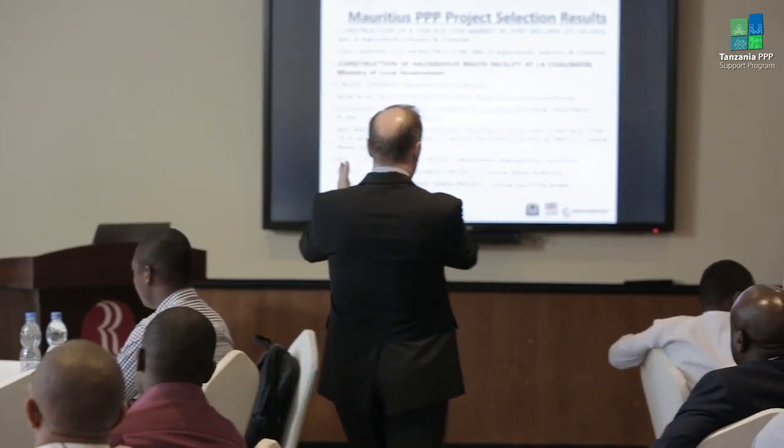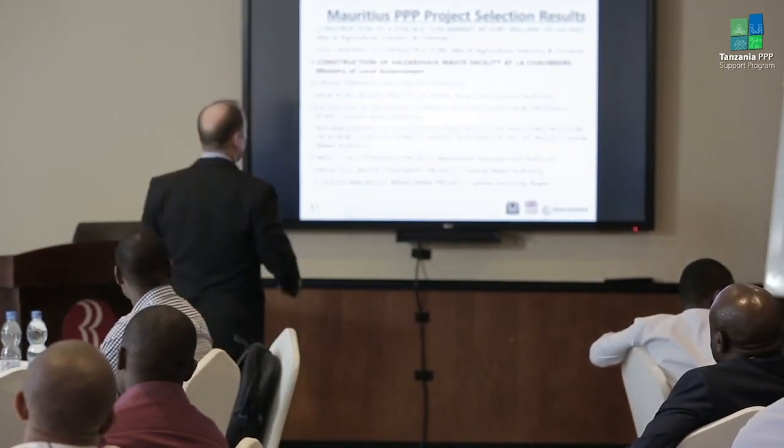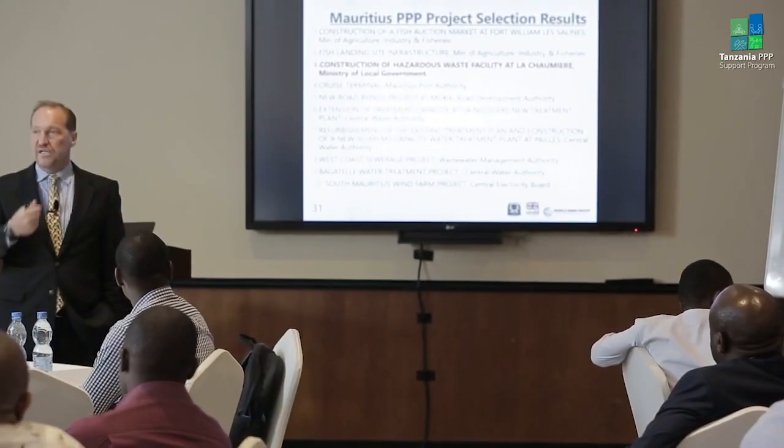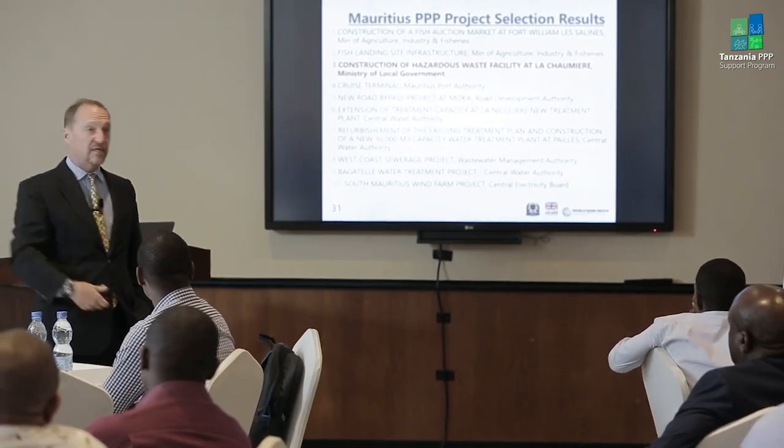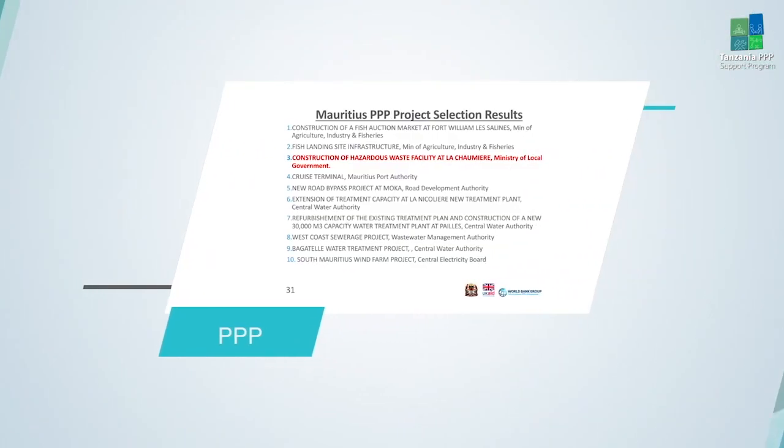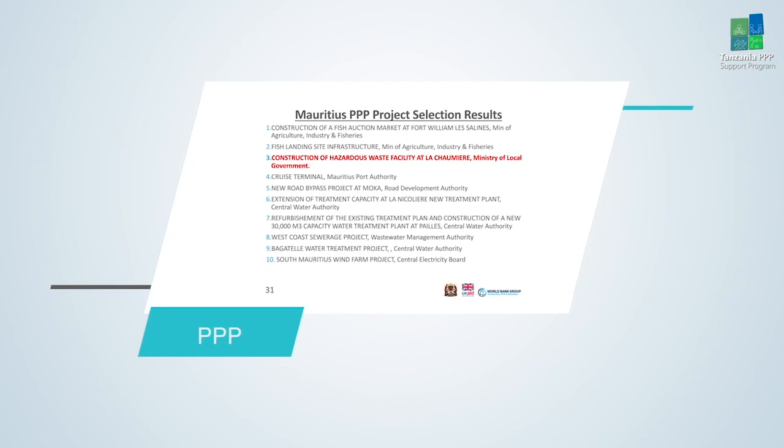So we came up then with the short list. And here's the short list of the 10 projects that we said, yes, let's do pre-feasibility studies on them. And you'll see they're in sectors like a marketplace or an auction market for fish. We see the one in red is what we're going to be focusing on next, which is a hazardous waste treatment facility.